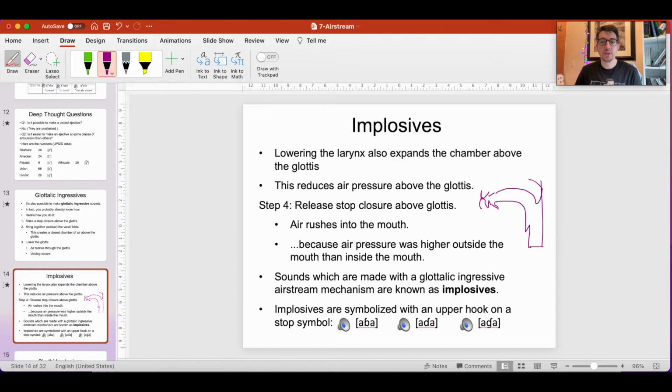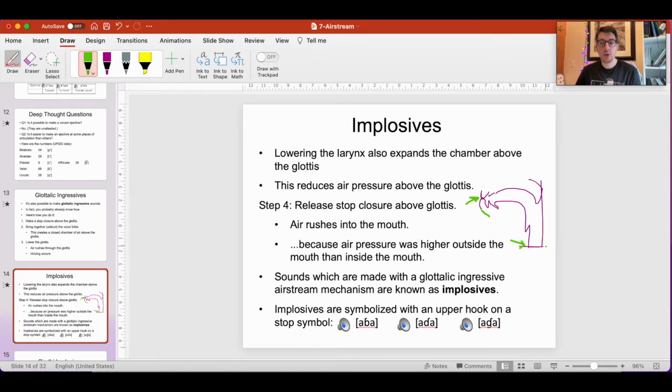So you close the vocal folds. The first thing you do is make a stop and then close the vocal folds, or you can do this simultaneously, which is usually the case with both implosives and ejectives. So when you have this one closed and this one closed as well, you create a certain kind of chamber.